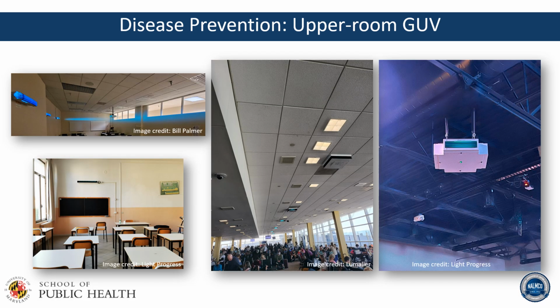This image shows actual applications of this upper room GUV. So in the upper left, you can see, and the lights were turned off, how the GUV actually travels. And I know you can see this blue light. Well, that is not GUV. Remember, the ultraviolet region is invisible, but some of these man-made lamps also generate visible light.